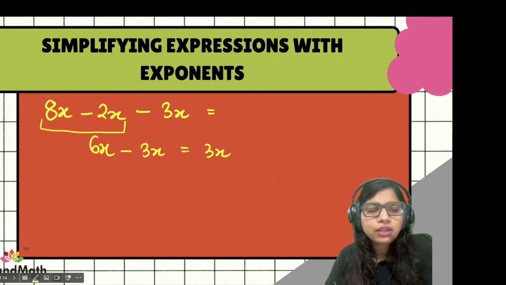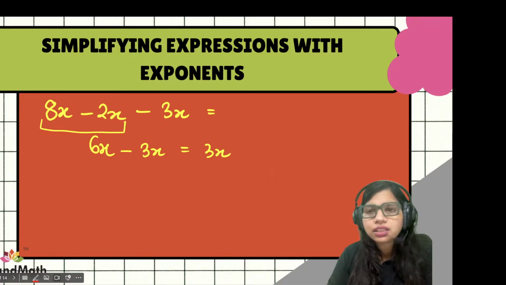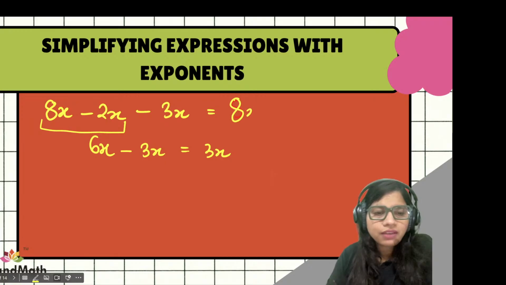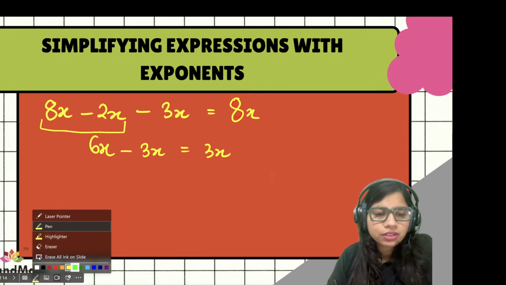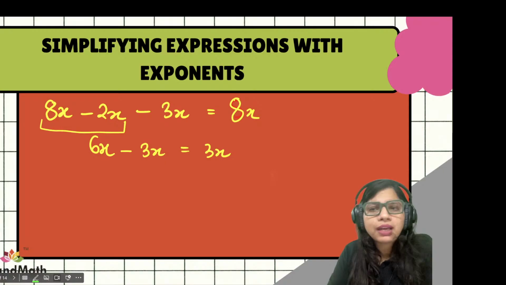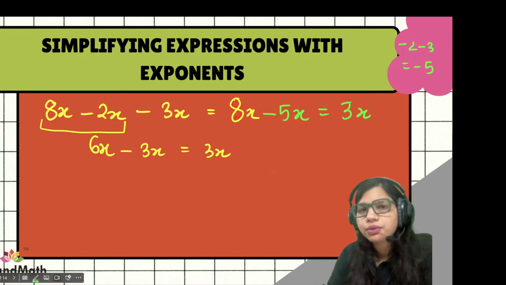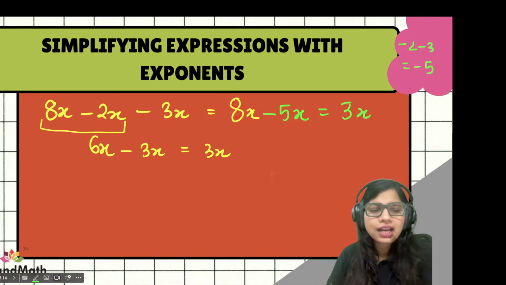Or what we can do, we know two negatives add, so minus 2x minus 3x will give you, let's simplify the negatives, minus 2 minus 3, that is minus 5, no? So minus 2x minus 3x will be minus 5x, and 8x minus 5x will give us 3x. Whichever way you feel comfortable, you can go ahead with. And the answer is one term, so it would be a monomial.